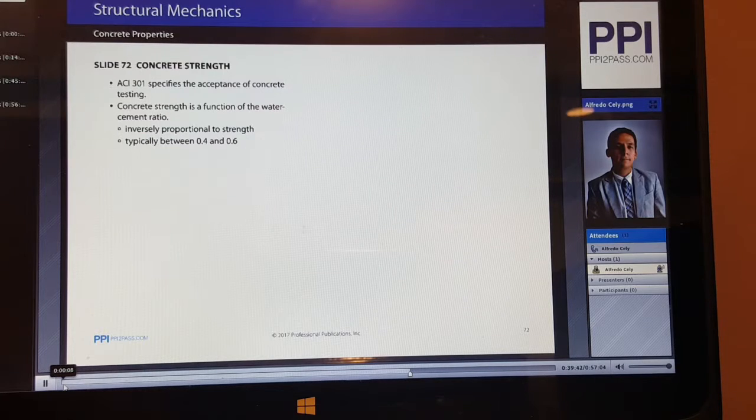And the average of every 3 consecutive strength tests equals or exceeds the specified compressive strength. If any of these criteria is not met, then the concrete is considered unacceptable.